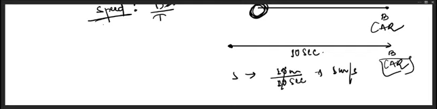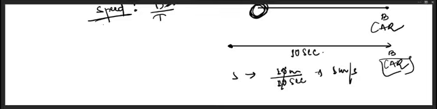Then again it is impossible to determine the speed of the car, because we don't know the initial point of the car. And if we don't know the initial point, then we cannot determine the distance that has been covered by the car, and then simply we cannot determine the speed of the car.